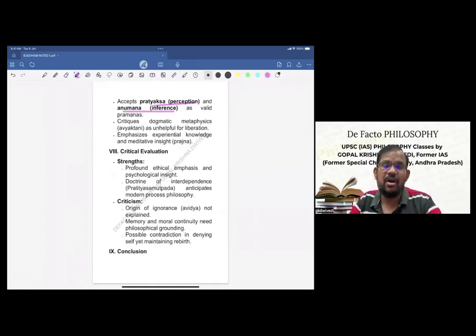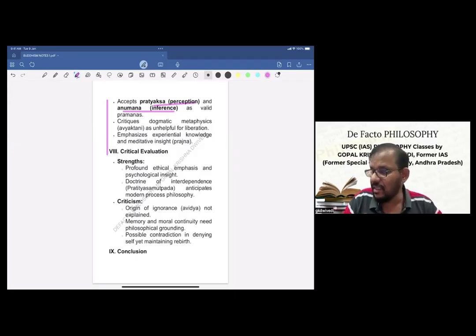Therefore, they don't believe in that. Buddhism again emphasizes experiential knowledge and meditative insight, that is pragya. So this is the epistemology of Buddhism in brief. Buddhism, as we have seen, doesn't put much stress on epistemology; rather, it is more a metaphysical and soteriological kind of system of Indian philosophy.